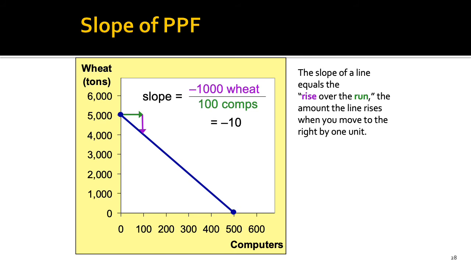So the opportunity cost of one computer is 10 tons of wheat. And again, notice what's happening here. In order to gain 100 computers, if we start at a point where we're not producing any, we have to give up 1,000 units of wheat. And that per unit is 10 tons of wheat for each computer.